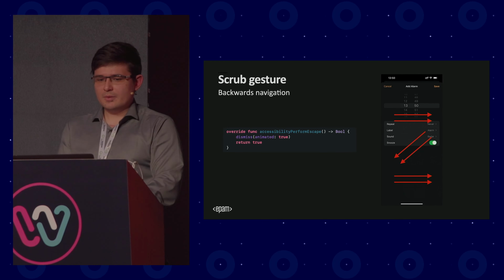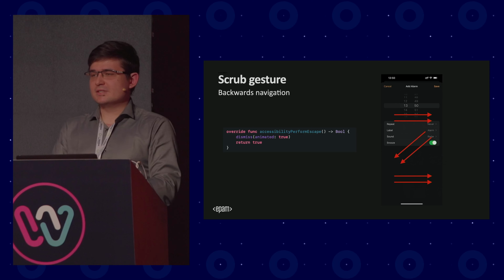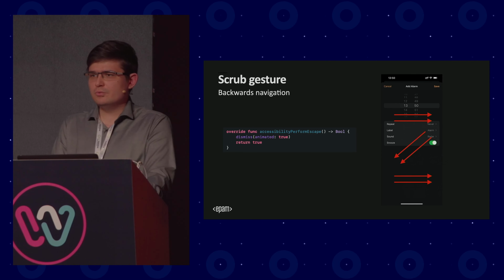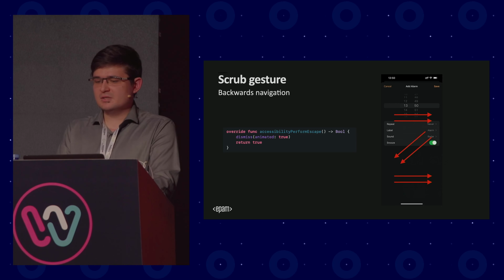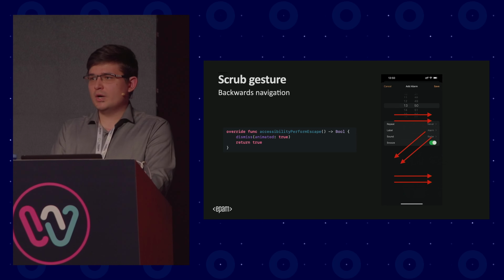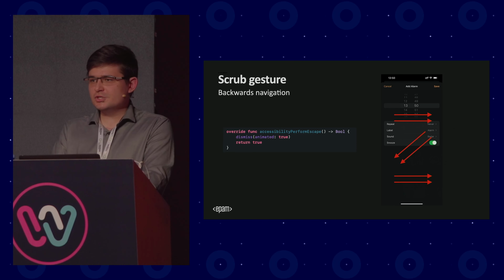And now let's talk about the navigation between screens. And first, we're going to talk about backwards navigation. Imagine a screen with tons of different accessibility elements and a cancel button. So instead, just swipe their way right until the user will reach the cancel button. They can use a special gesture called scrub gesture.